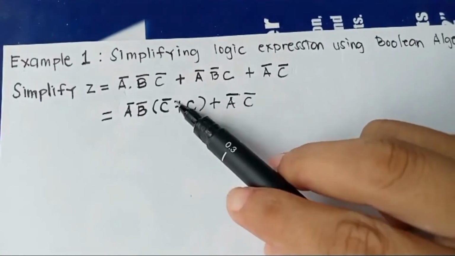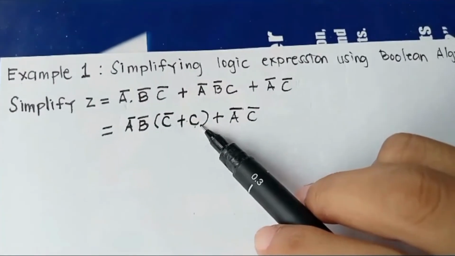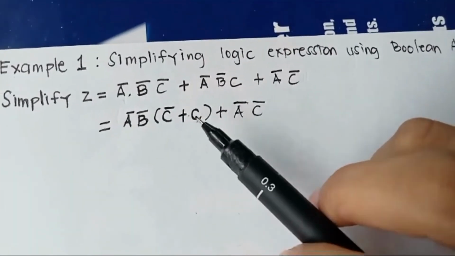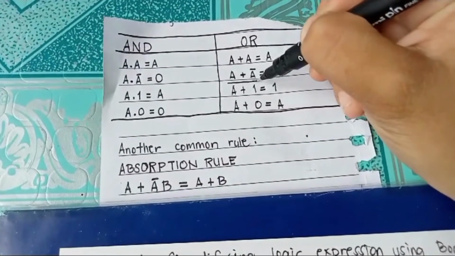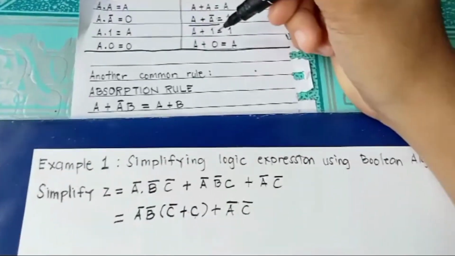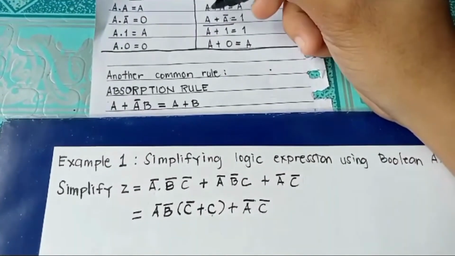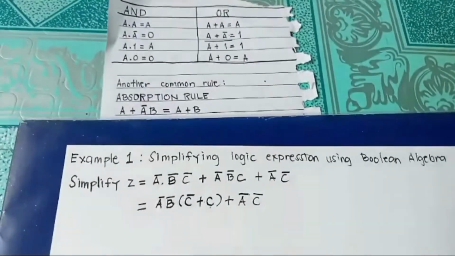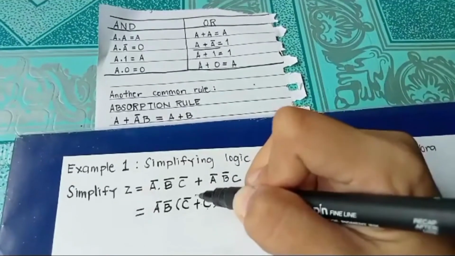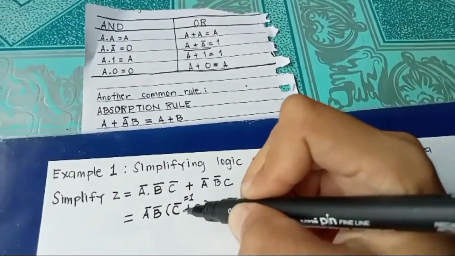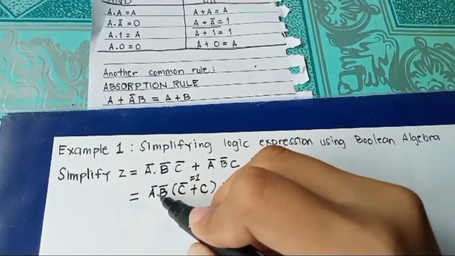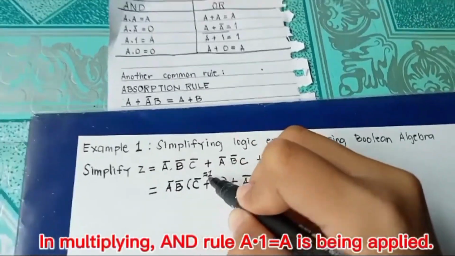So here we can see C bar plus C. We can apply the OR rule gate here. This rule: A plus A bar equals 1, or vice versa, A bar plus A equals 1. So this will be equal to 1, as paired with the OR rule. A bar B bar multiplied by 1.